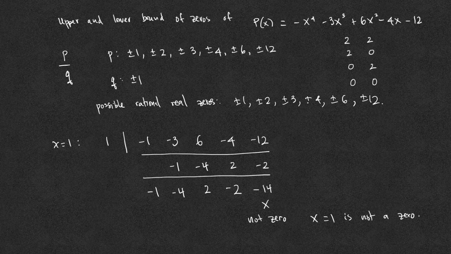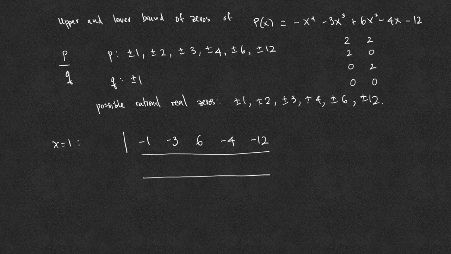This synthetic division doesn't reveal anything about the upper or the lower bounds of the zeros because the last row has negative numbers, and also the sign is not alternating from non-negative and non-positive.